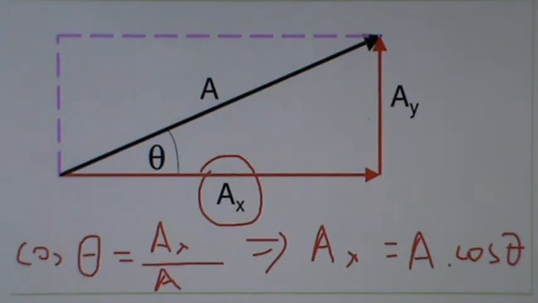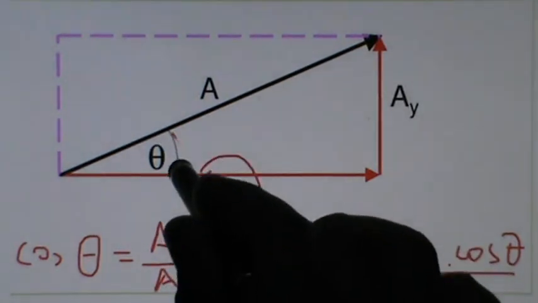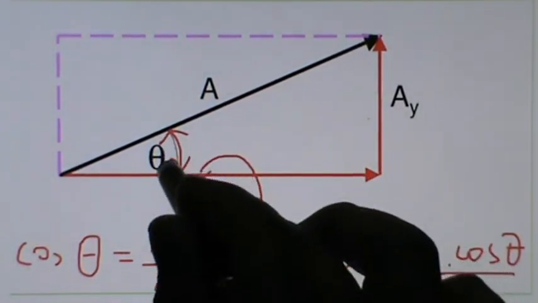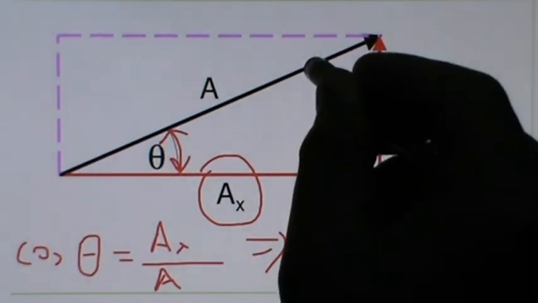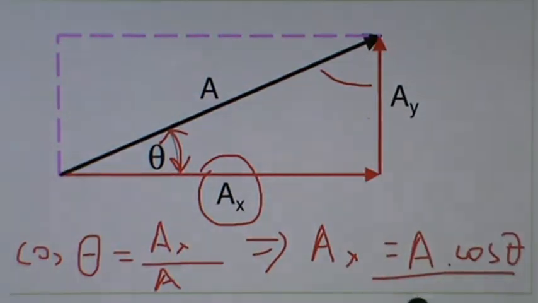You should not memorize this relation because that depends on the position of the angle here, theta. If you have a different position, for example, if theta is here, then this will not apply anymore, and you will need to think about it again.